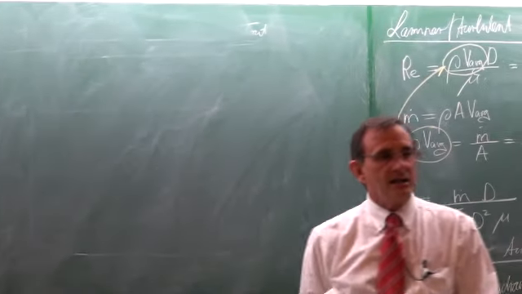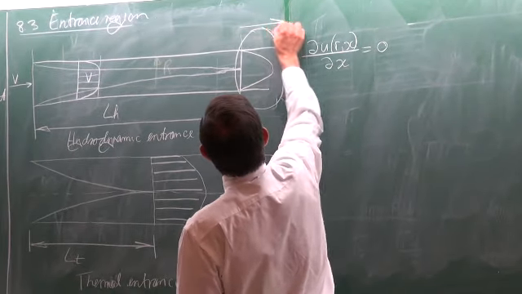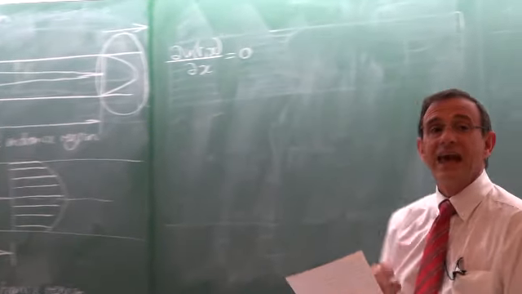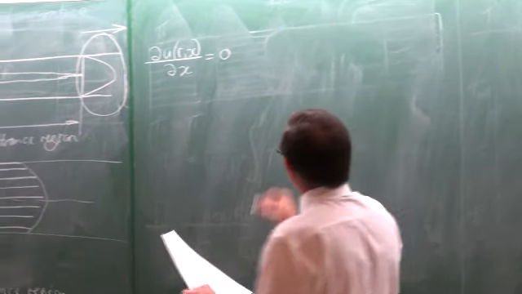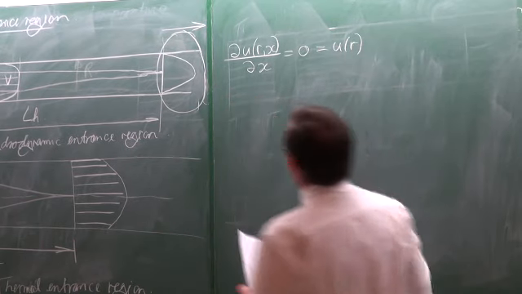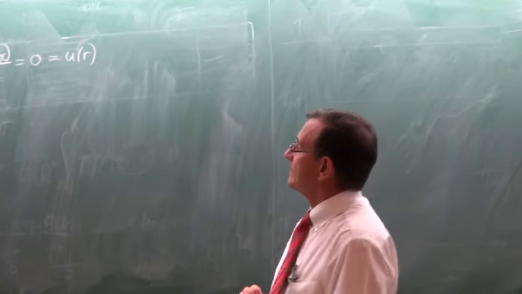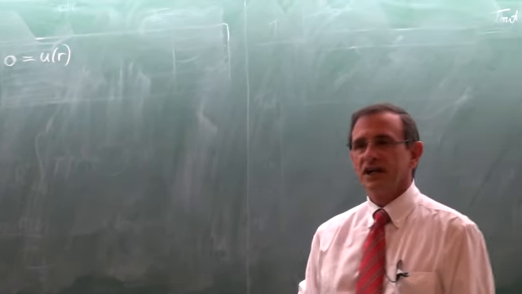The velocity gradient would be equal to 0 from this point onwards in the x direction. So the velocity is only a function of r. Are you following what I'm saying?